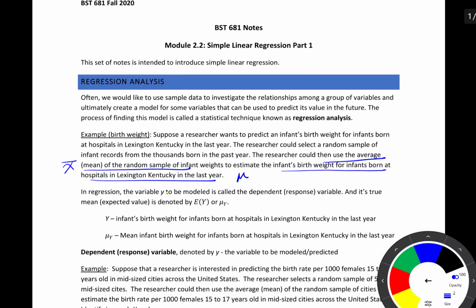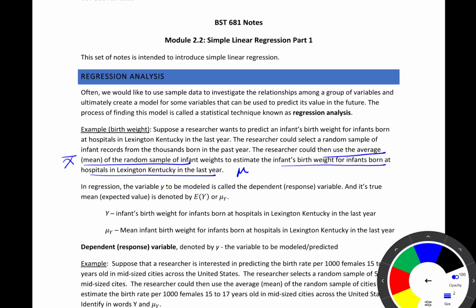In regression, the variable to be modeled is called the dependent or the response variable, and its true mean or its expected value is denoted by either of these two notations. Your textbooks use the mu sub y, so what this is saying here is the mean of all y's, or a parameter.